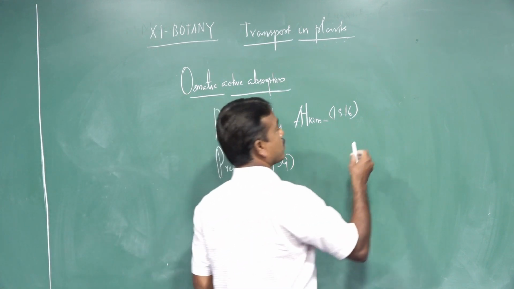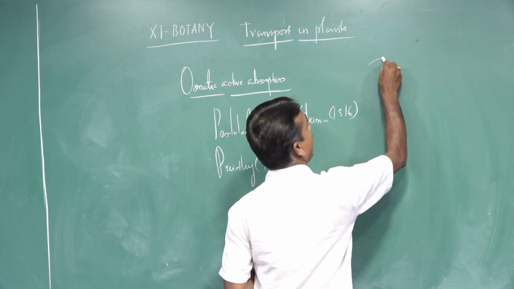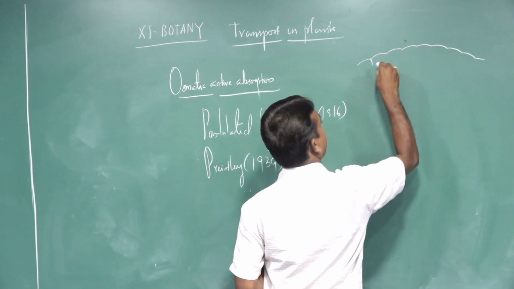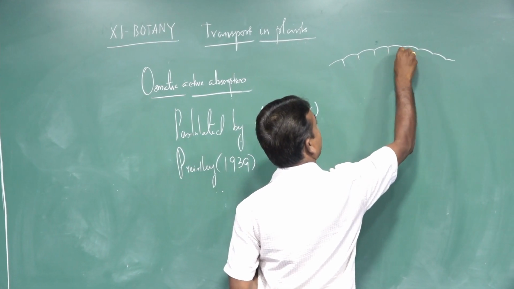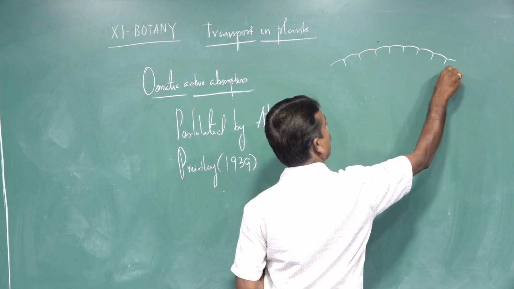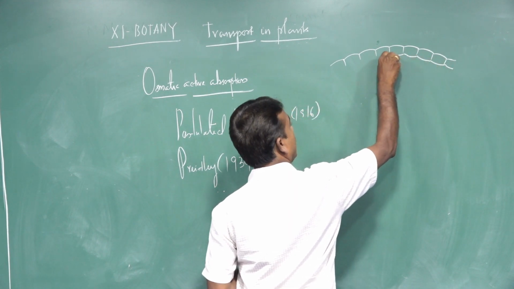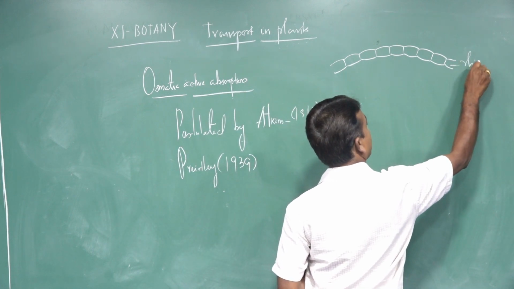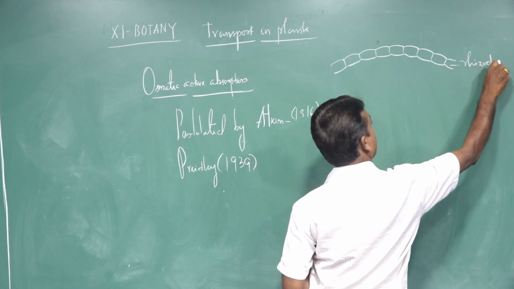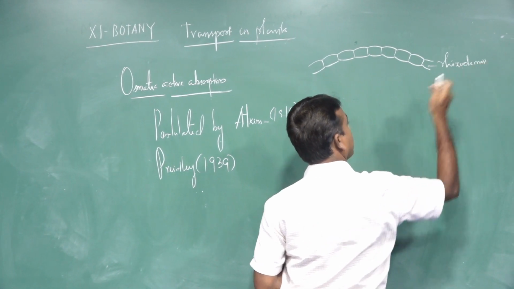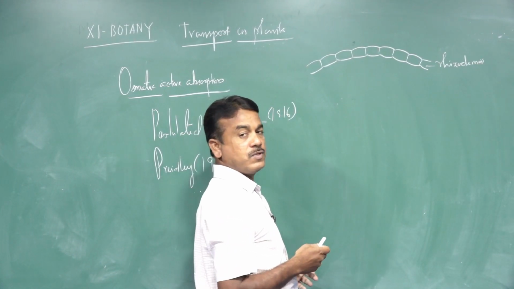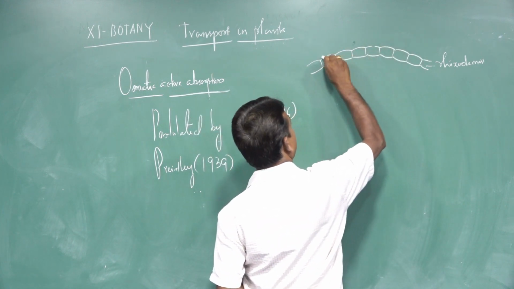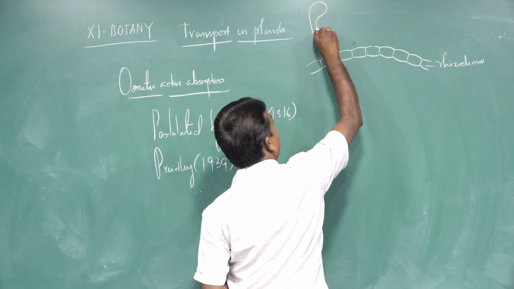Do you know the structural view of the root hair cell? This is the outermost layer of the root, namely called the rhizodermis. The rhizodermis gives extensions, commonly called root hairs.